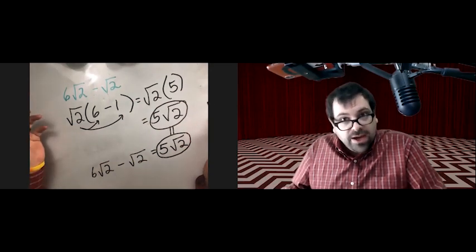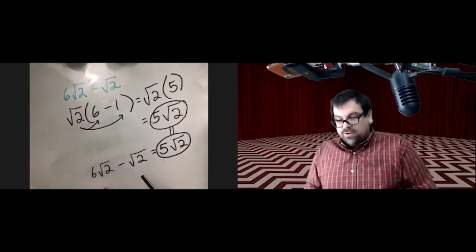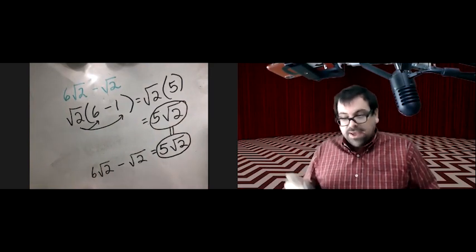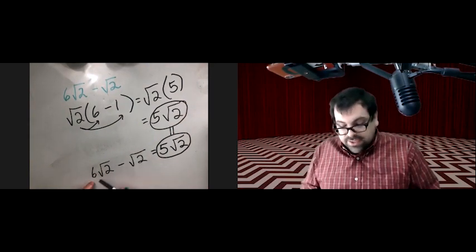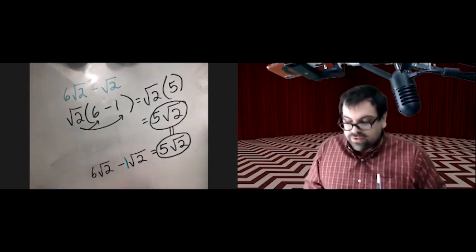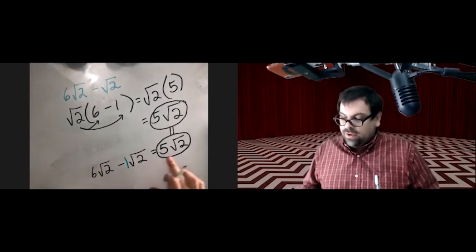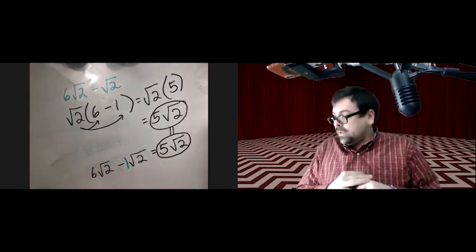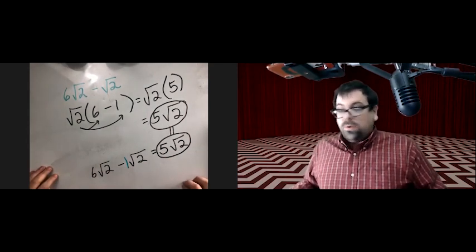But we have a simplified way of thinking about it. When it shows up like terms or like radicals, we get the same answer by talking it out. 6 of them minus 1 of them is 5 of them. Whew.